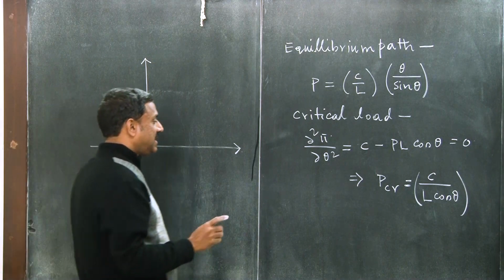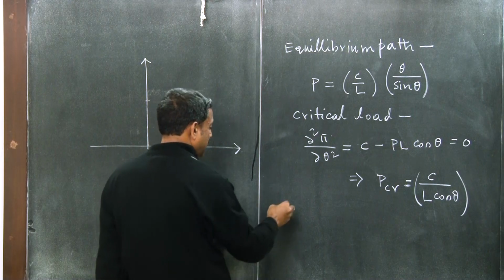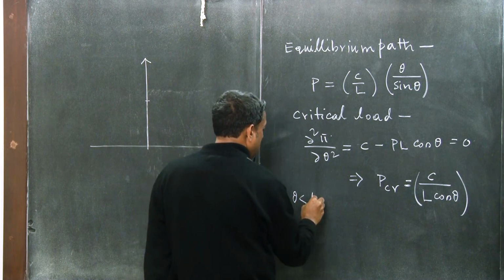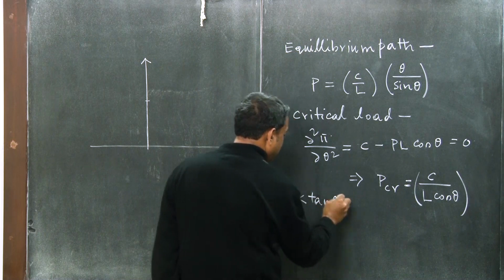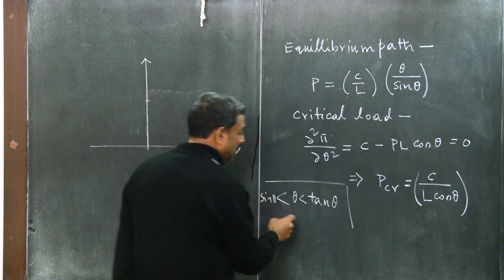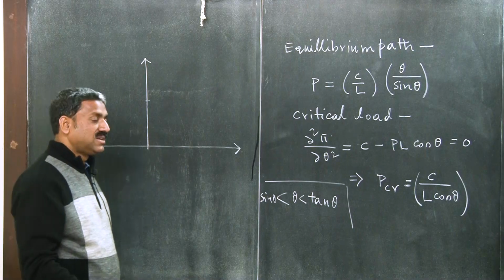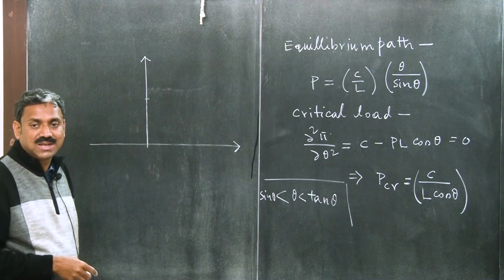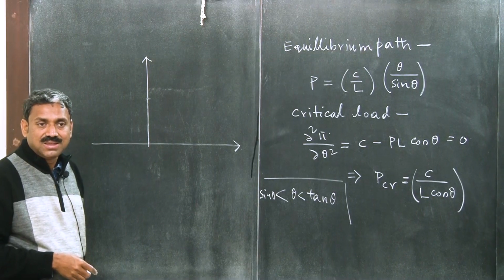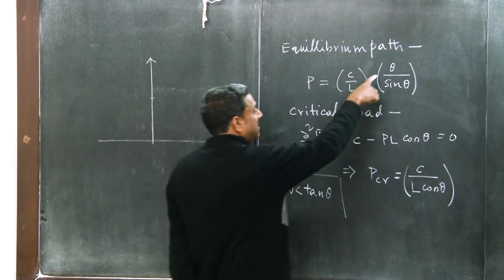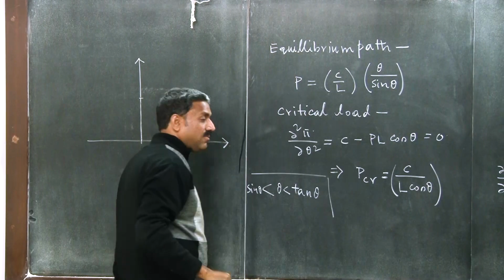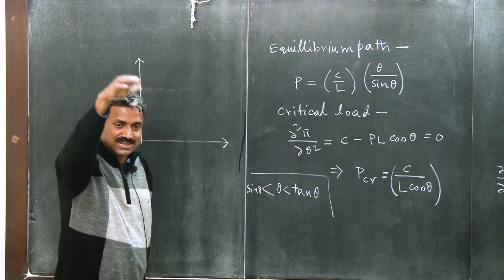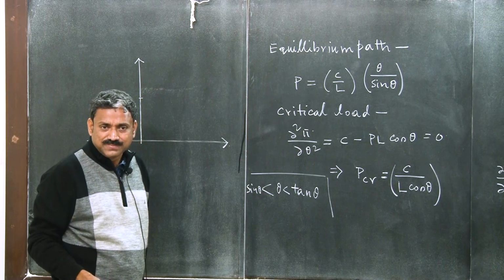Now, you know this identity, right? All of you know this identity, theta greater than sin theta less than tan theta. When you were in first year mathematics, differential calculus, you must have done this, with theta expressed in radians. This inequality, theta greater than sin theta less than tan theta, you know that. So, that means the ratio theta by sin theta, with increasing theta, it will increase, right.